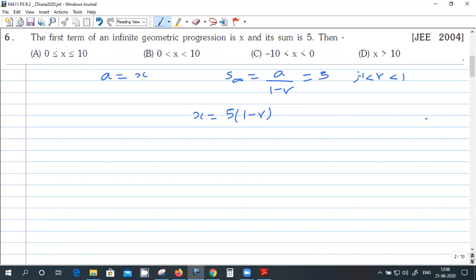Basically, we are using R to the power n as 0 as n goes to infinity. That will happen even if R is a negative fraction.